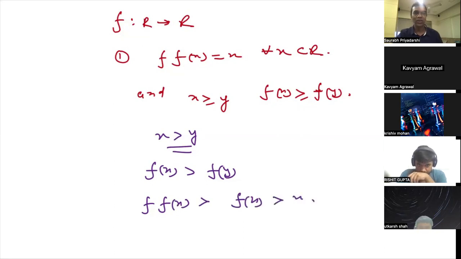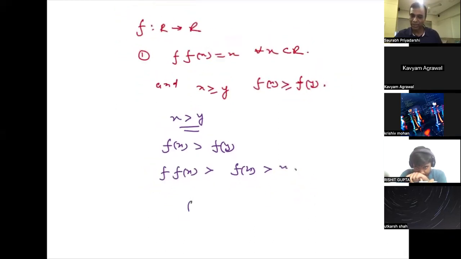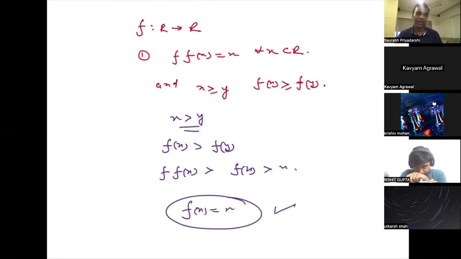So we are not getting the equality in this, right? And if I claim x is less than y, then again I'll get the same thing, right? So this is possible only if I say fx is equal to x. This must be the claim, a direct claim without any hesitation. Is this okay? Is this okay, everyone?